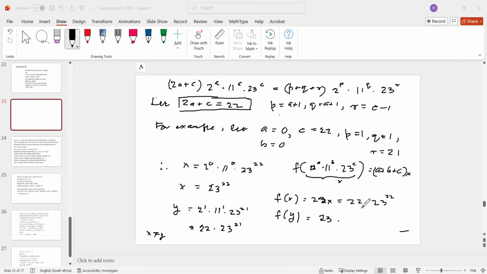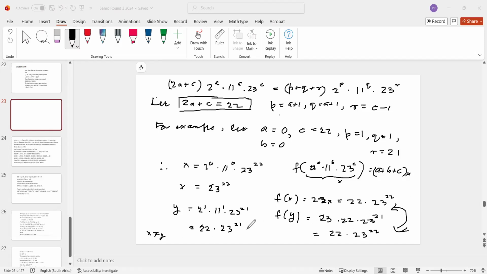So it's p plus q plus r times y. y is 2 to the power of 1 times 11, which is 22, times 23 to the power of 21. Now, the 23 appears twice here. So this is 22 times 23 times 23 to the power of 21, which is 23 to the 22. Bingo. You've got f of x equals f of y.